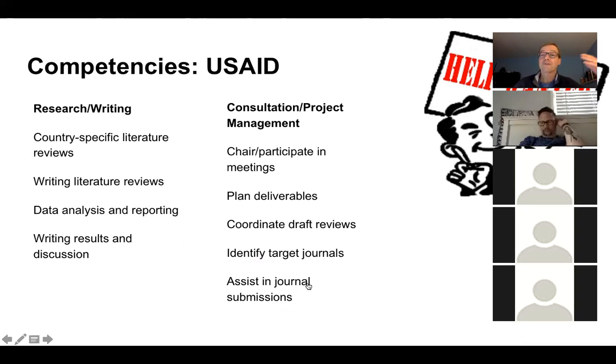Can someone do the same thing for Cambodia, the same thing for Vietnam? Writing literature reviews. One is getting the articles. The second is writing. Are you a good writer? Are you good at synthesizing research and putting together articles in a very concise, clear way? We need that kind of help. Are you good at data analysis and reporting? We have initial reports we've done with our data in SPSS.